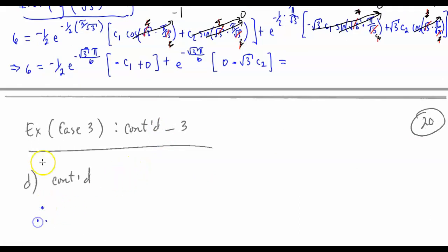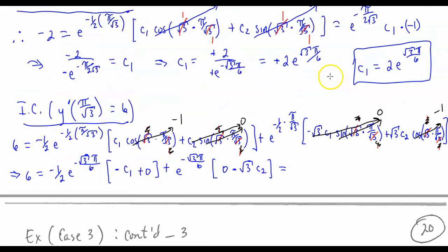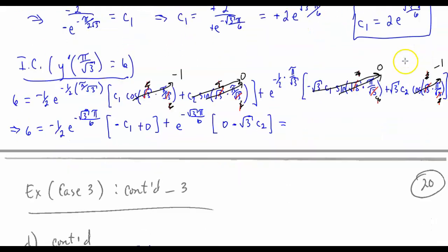And so therefore, I'll have 6 equals 1/2 e raised to the minus square root of 3 pi over 6. And this minus and that minus there work together just to be a plus. And C1, if you remember, we go back up here, C1 was 2 times e raised to the square root of 3 pi divided by 6.